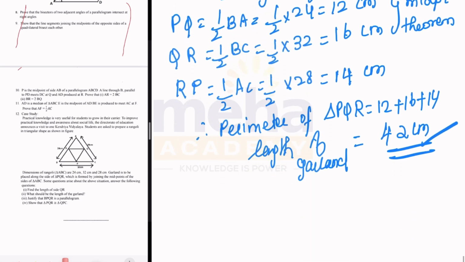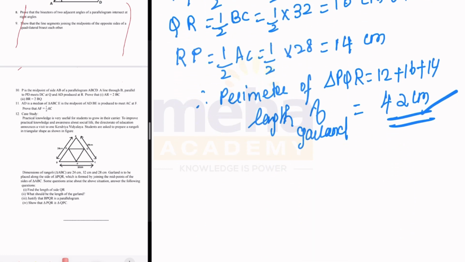Then third question, justify PBQR is a parallelogram. There is this PB, this one. PBQR, this is a parallelogram. So we know that PQ is equal to half of AB.